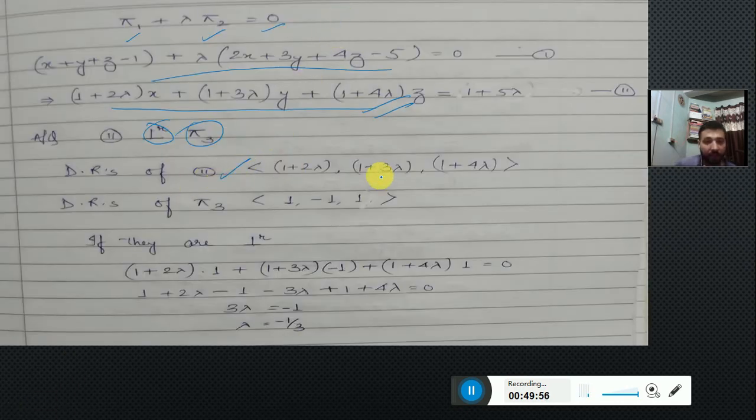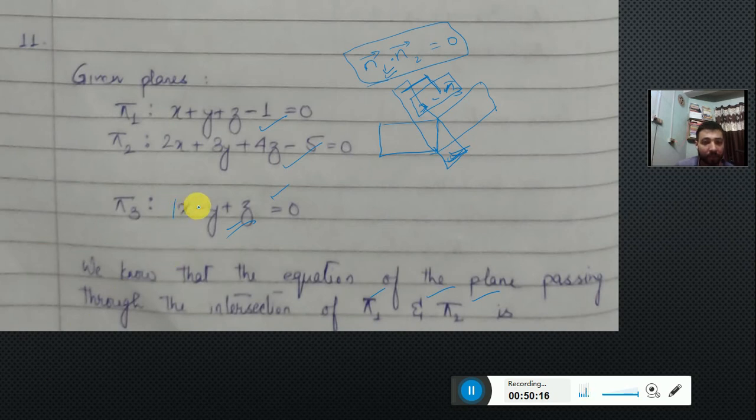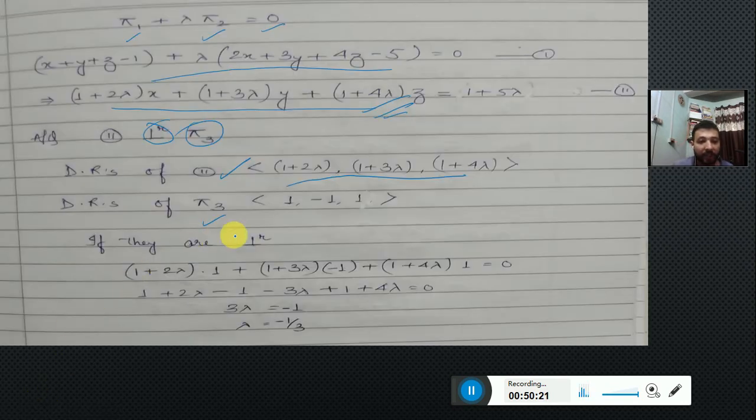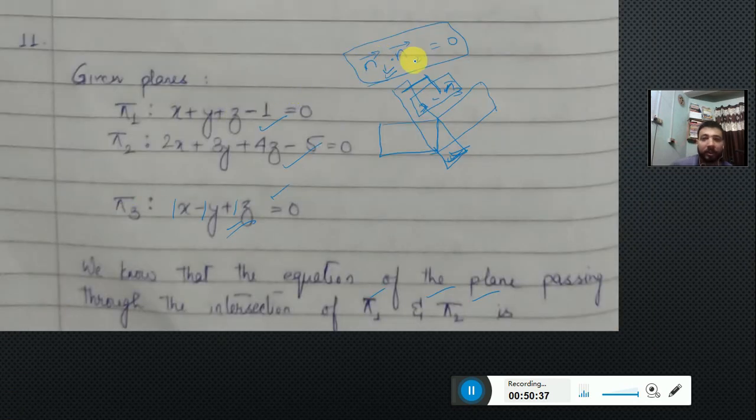Okay, let's see, direction ratios are given like this. This number 2 and the direction ratio of pi 3. See, the direction ratio is 1, minus 1 and 1. So those are the direction ratios of the normals also. Okay, so if the planes are perpendicular, then what do we have? This condition will be satisfied if the planes are perpendicular.